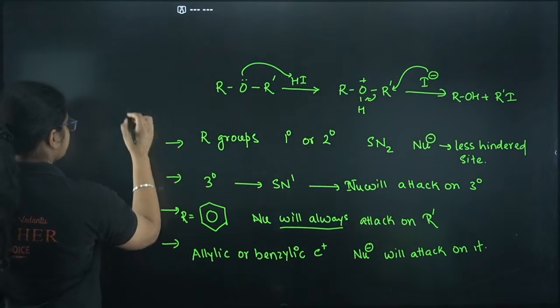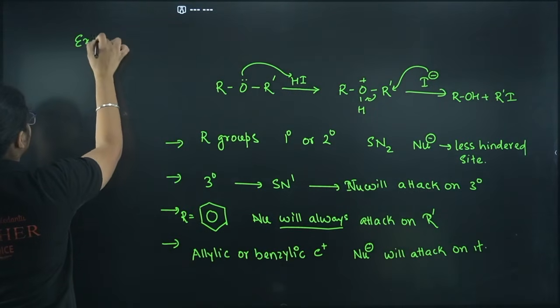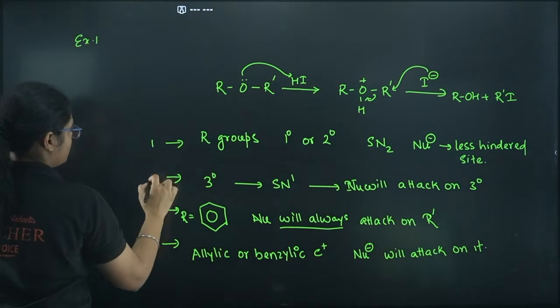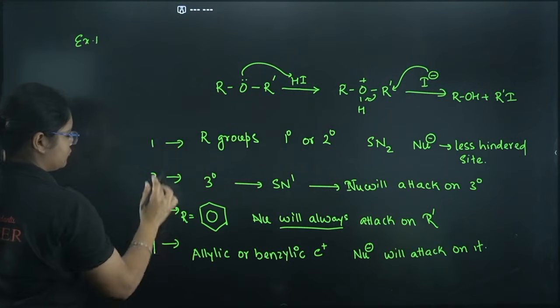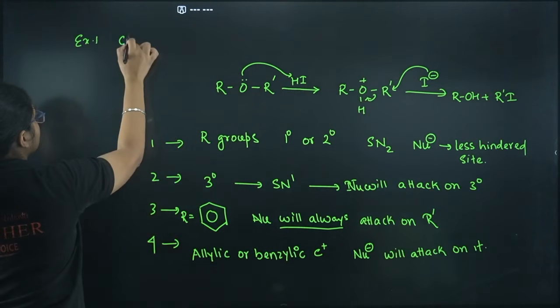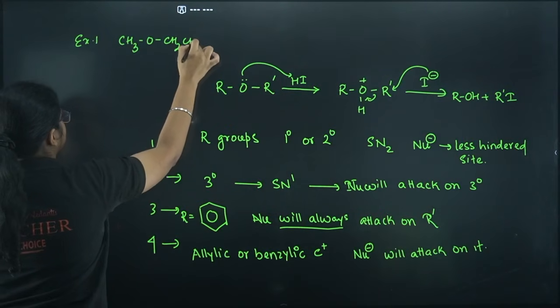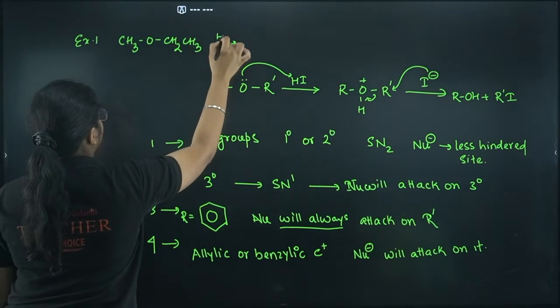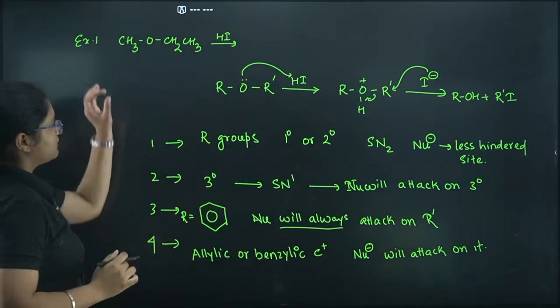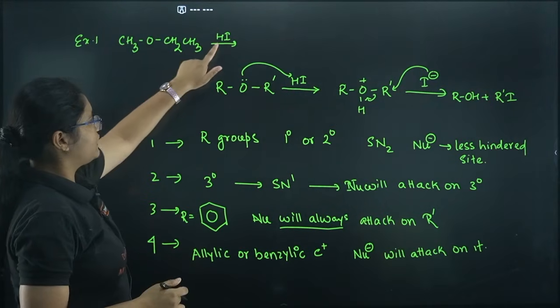So now let us take example 1, for the first one. There are 4 cases here: 1, 2, 3, 4. For example, if I have CH3OCH2CH3 and I'm treating it with HI, first there will be protonation, after that the nucleophile.